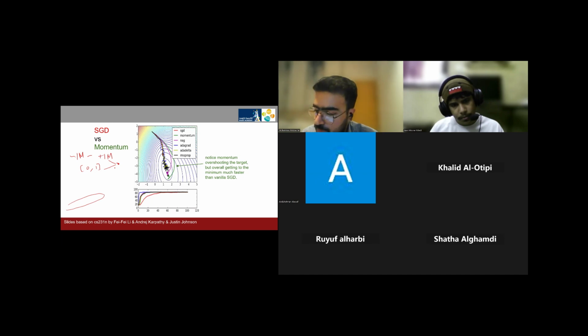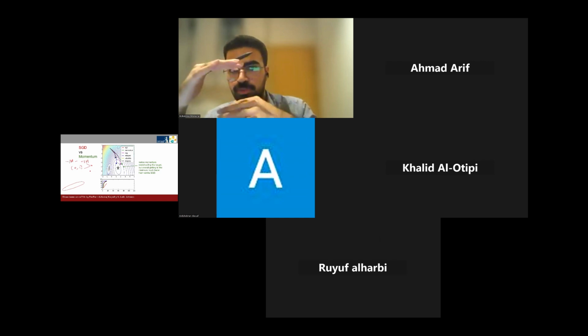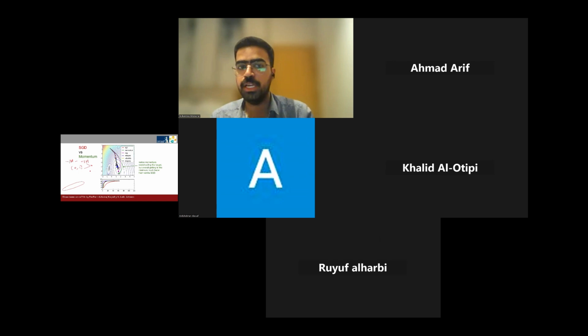Now the problem here is that if the scale of the gradient of one weight is very different than the scale of the gradient of the other weight, the updates will be very abrupt in one direction, right? And if we are using something like momentum, it will be very bad because it takes the whole thing altogether.